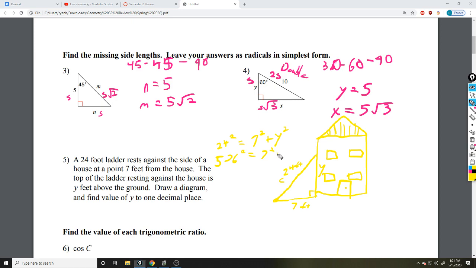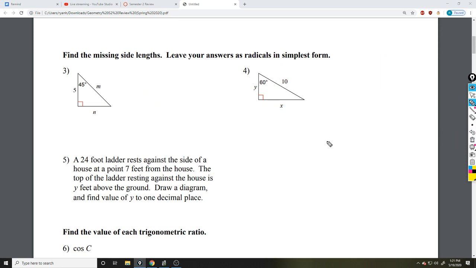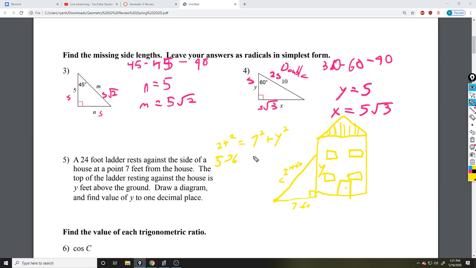So, sorry, start that over. Okay, 576 equals 49 plus y squared. So we'll subtract 49 from both sides. That's better. So we got y squared to be 527.